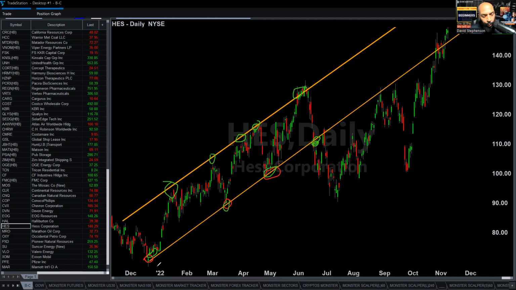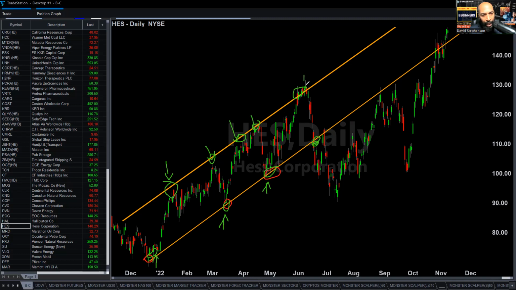So if we wanted to buy, we could wait for the price to enter here. We could have entered here, and we could have exited here, gotten out here.